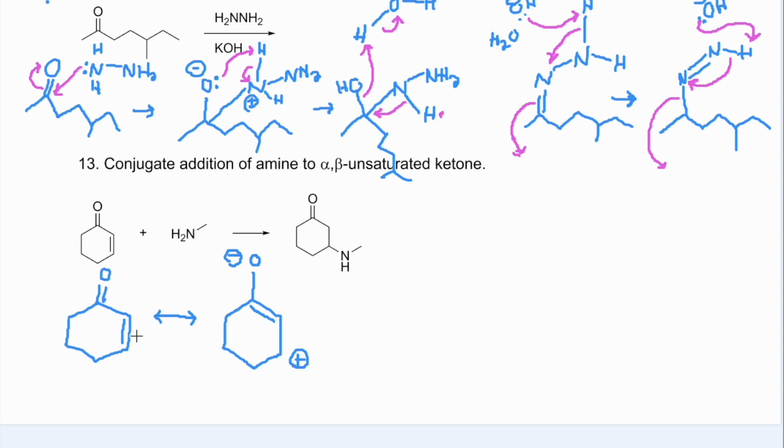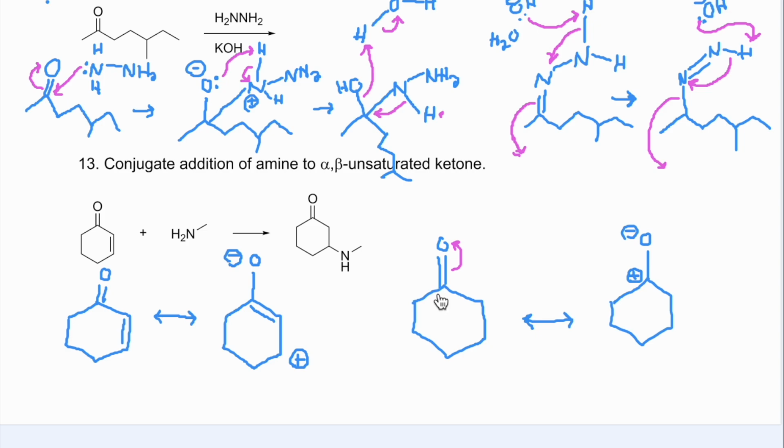So the beta carbon is electrophilic, similar to how a regular ketone has a very minor contributor of positively charged carbon here. This is why we say that the carbon of a carbonyl is electron poor, because we have a very small amount of this taking place where the pi bond is being pulled onto that oxygen.